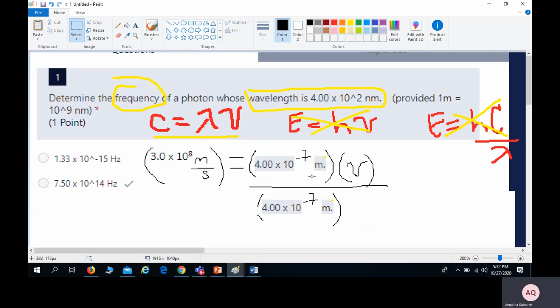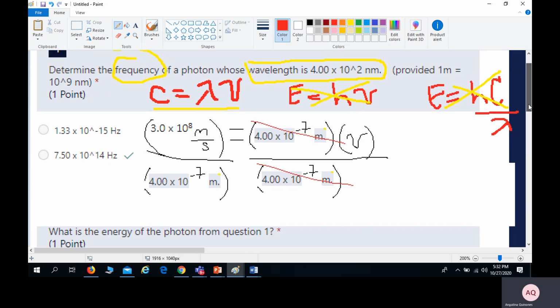Whatever you do to one side, you must also do to the other side. So we're also going to divide by this number. Another way you can think about it is you just brought this to the other side. Whenever you have something in the top and something in the bottom, so this is the same and the same, they cancel.